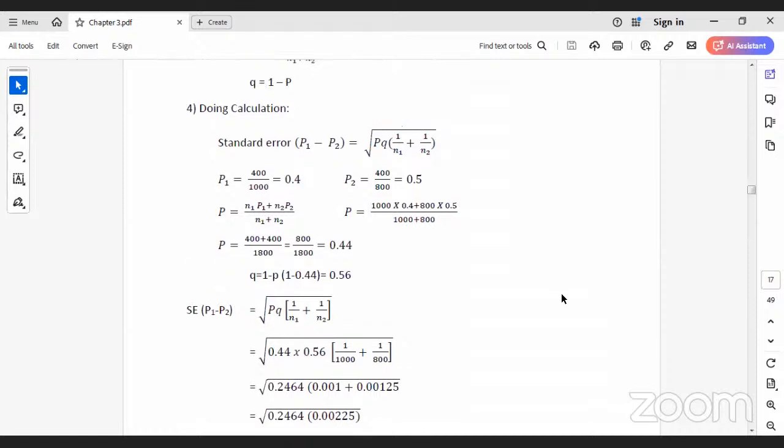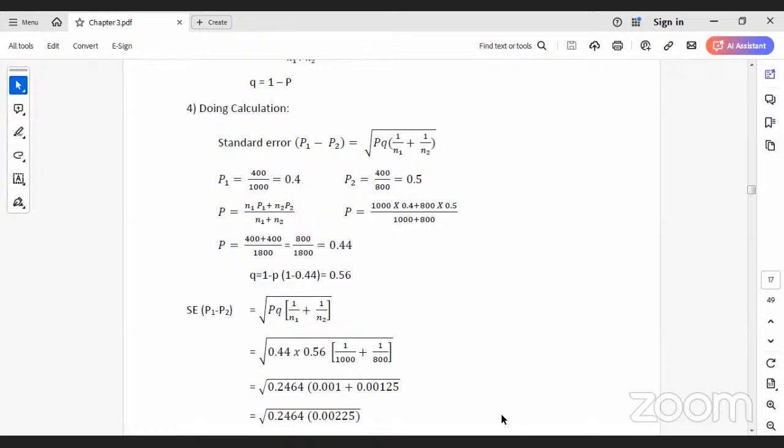Calculation part. Standard error of P1 minus P2 is equal to under root PQ into 1 by N1 plus 1 by N2. P1 is equal to, out of 1000, 400 are the consumers of wheat, so 400 divided by 1000 is equal to 0.4. Then P2 is equal to 400 divided by 800, that is 0.5. So P is equal to N1 into P1 plus N2 into P2 divided by N1 plus N2. N1 is 1000, the total random sample, into 0.4, that is P1.